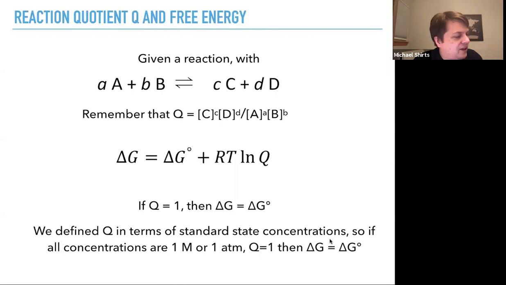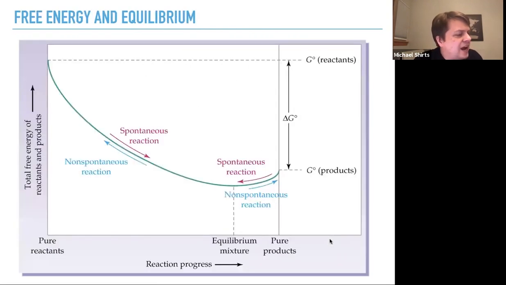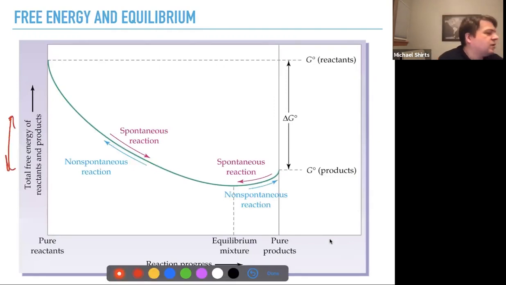What about at the other concentrations? Well, let's look at this graph of free energies versus equilibrium. And we're going to spend a little time in here because this is really important to get right. So on the y-axis, it's the total free energy of reactants and products. So that's the total free energy of the entire system, all the molecules in the system. And so when we start out, when we have pure reactants, then the free energy is going to be the free energy of the reactants.